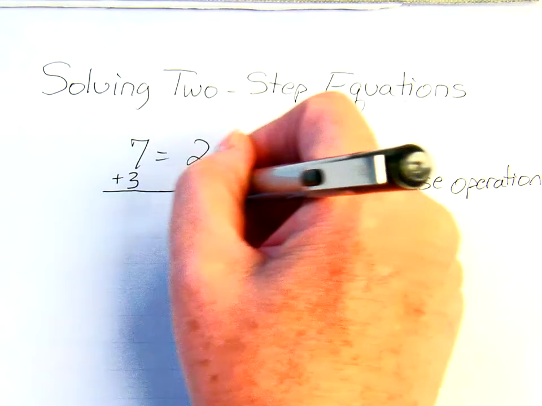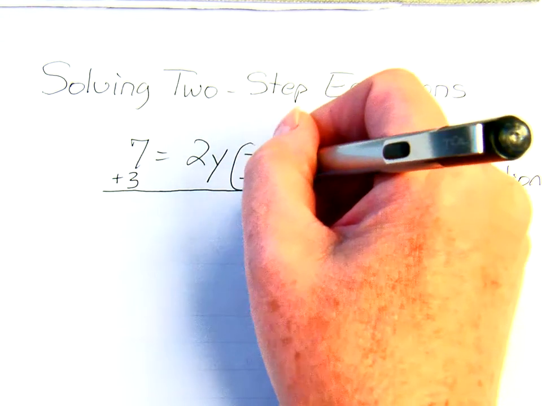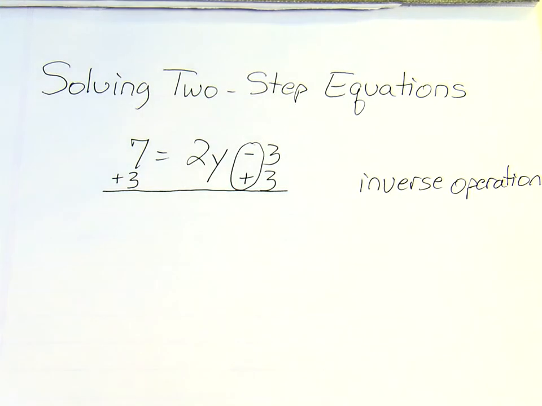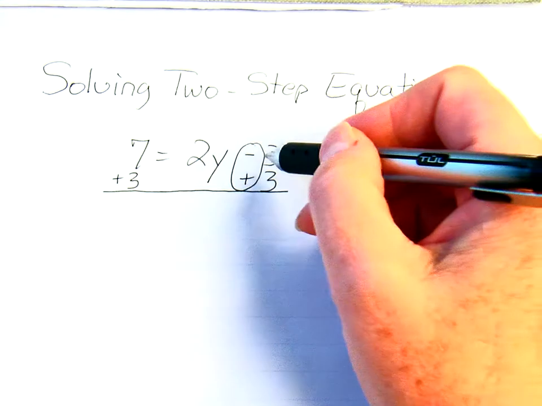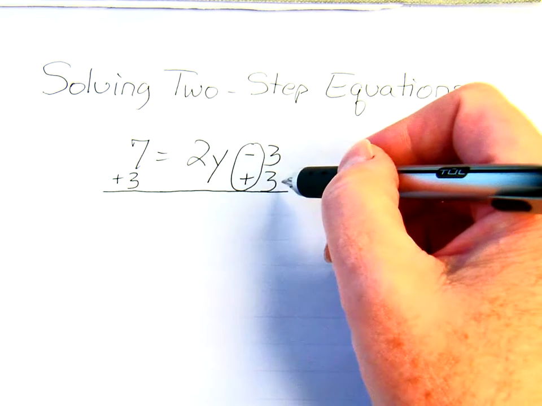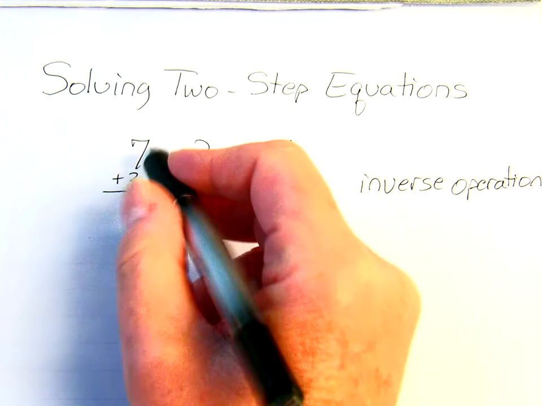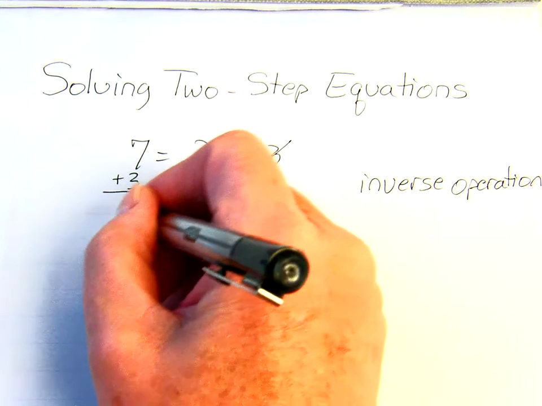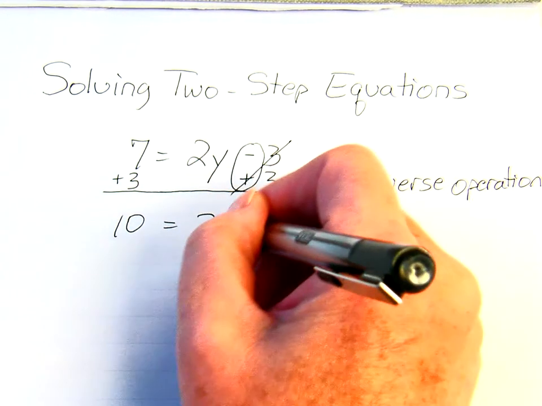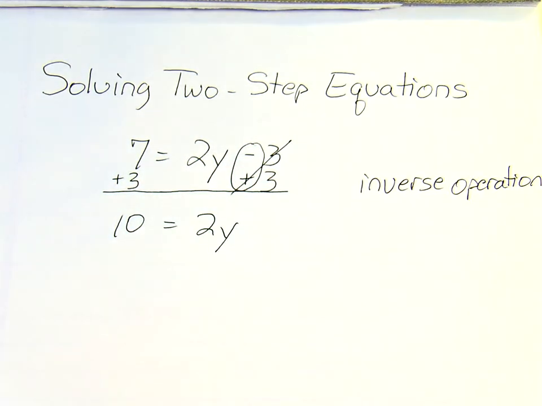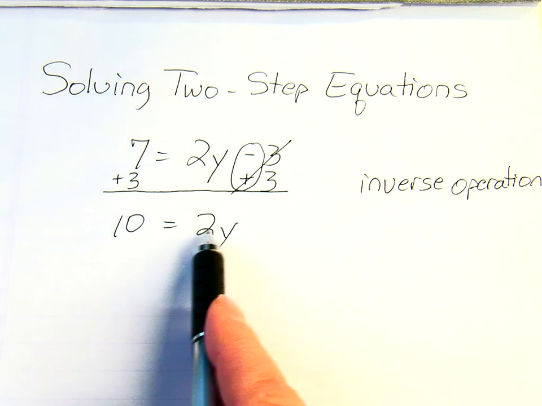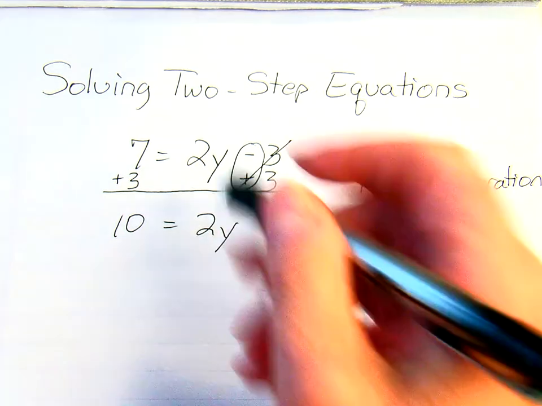So remember, what we are looking for here is the opposite operation. Negative 3 plus a positive 3, this cancels, that makes a 0. So 7 plus 3 is 10, and that equals 2y. Now that's our first step. Our second step is that we're going to take this multiplication problem.